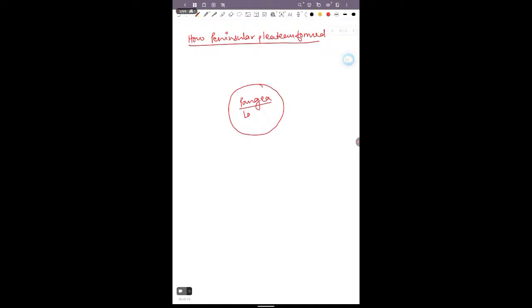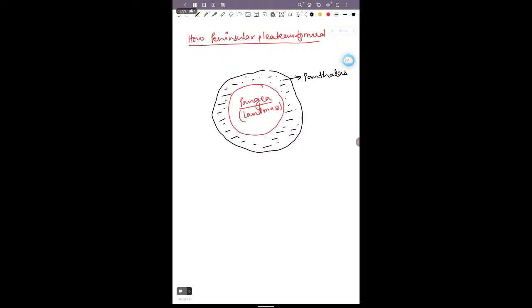It's a landmass, and surrounding this region is a large water body that is known as the Panthalassa. Panthalassa is a large oceanic body.